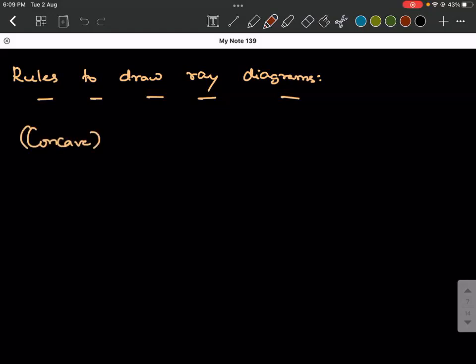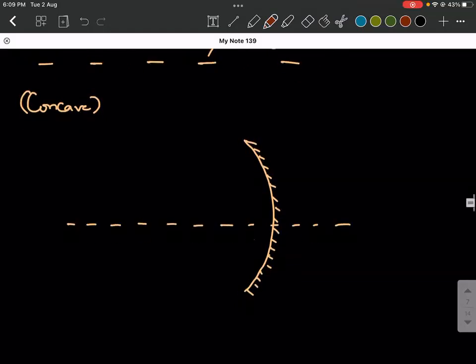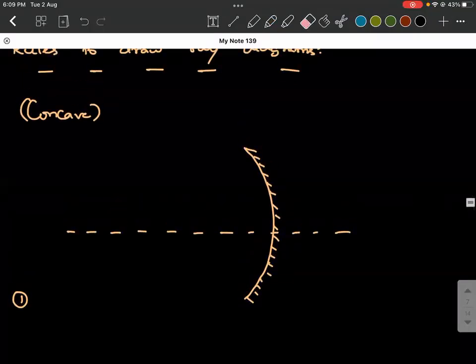So when I take a concave mirror, okay, the rules are the same actually.